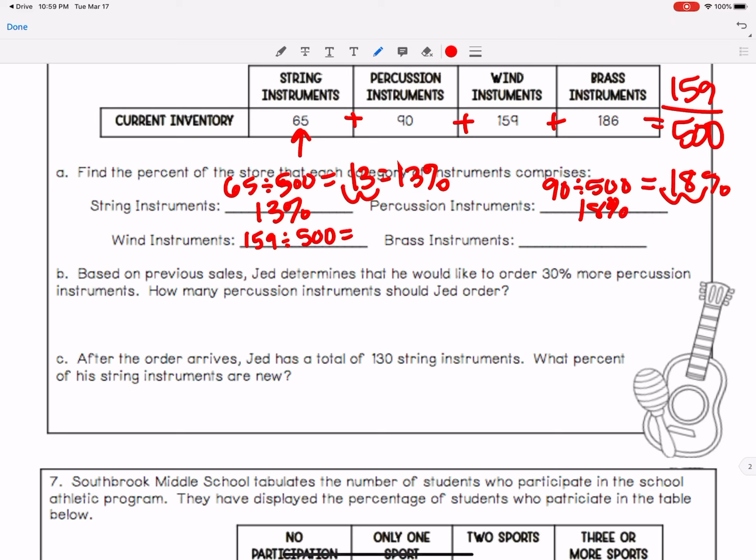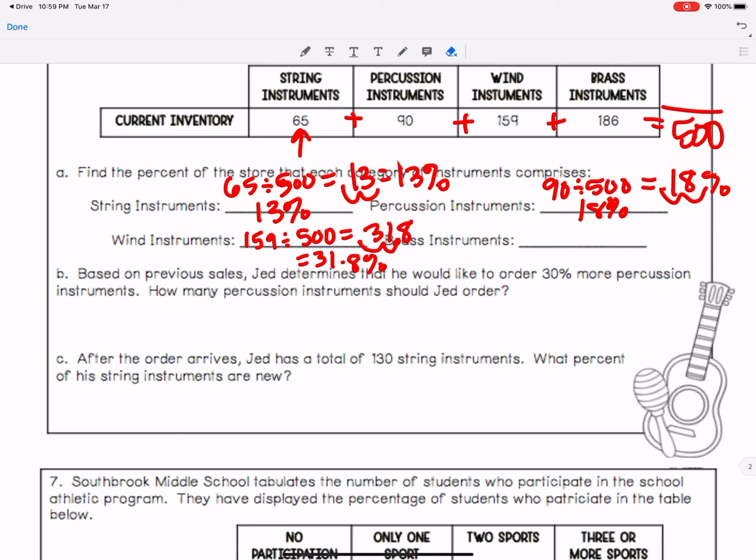This is a good problem to go over. As you know, with the decimal, we only have to move it 2 places over. So my answer is going to be 31.8%.